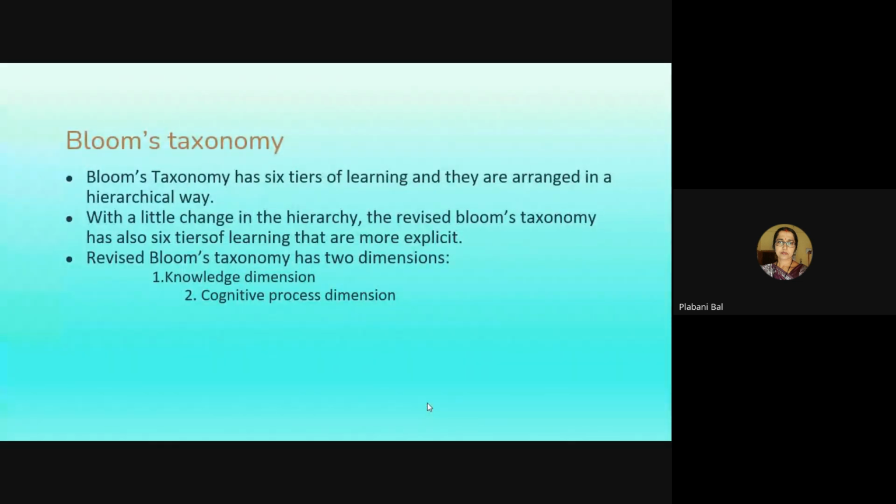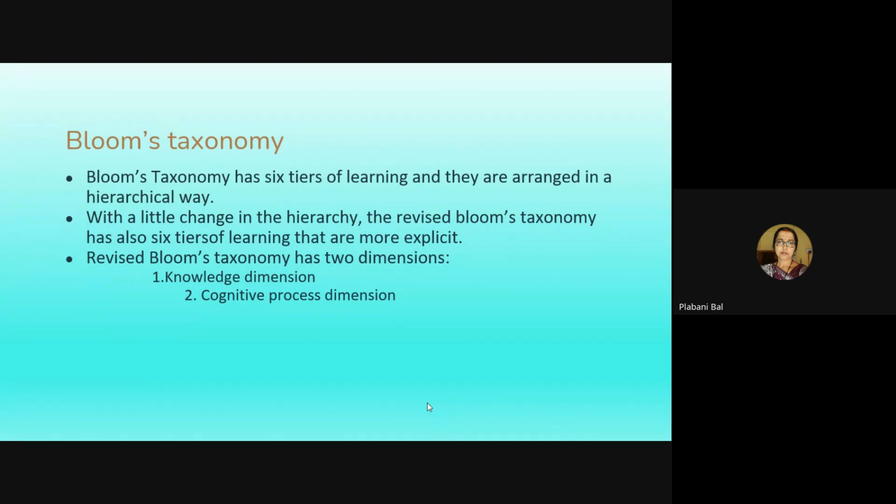If we look at it, Bloom's taxonomy had 6 tiers of learning, arranged in a hierarchical way. With a little change in the hierarchy, the revised Bloom's taxonomy also has 6 tiers of learning that are more explicit.